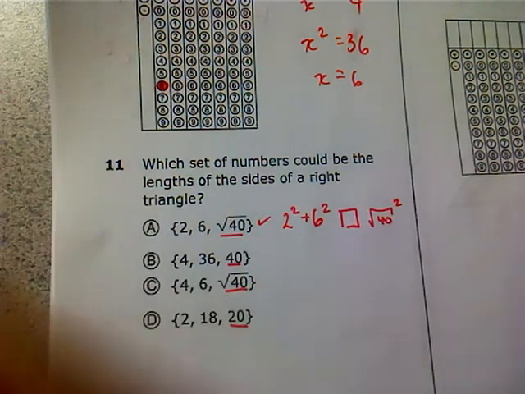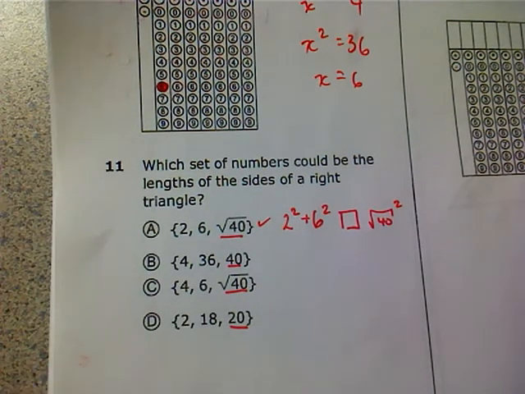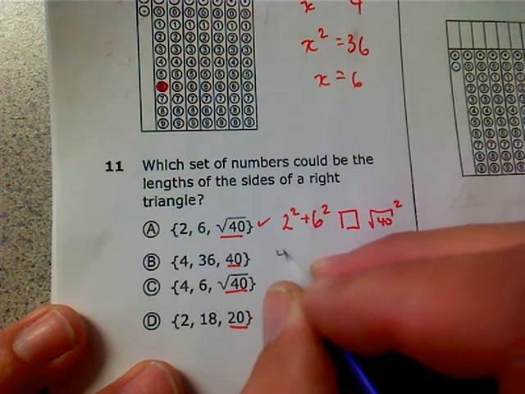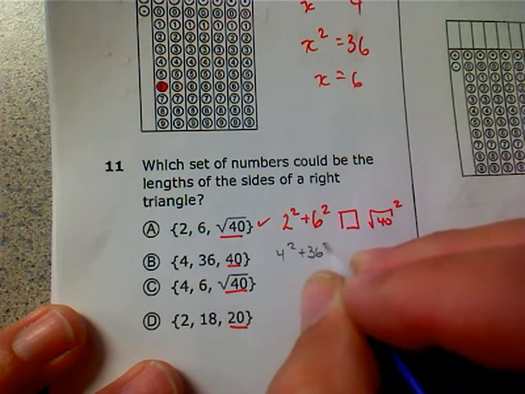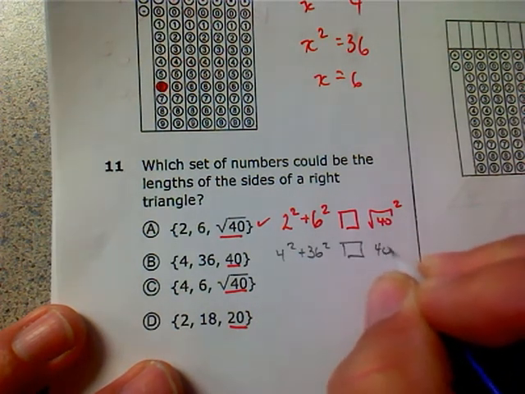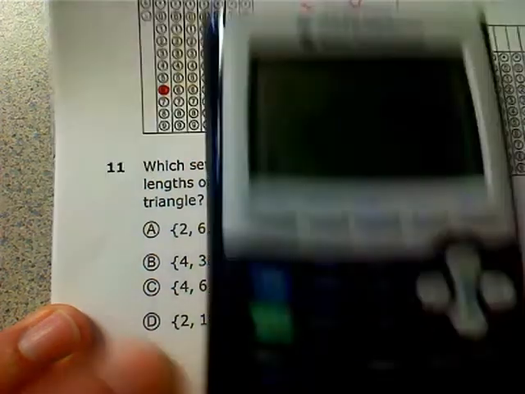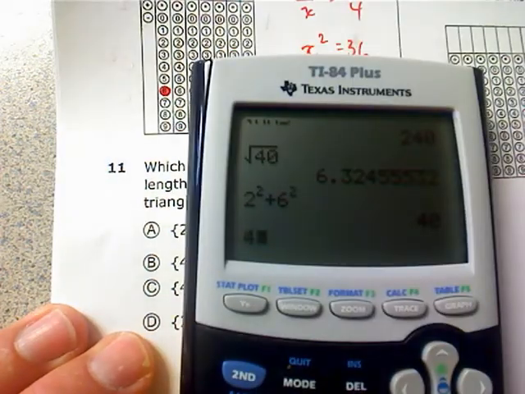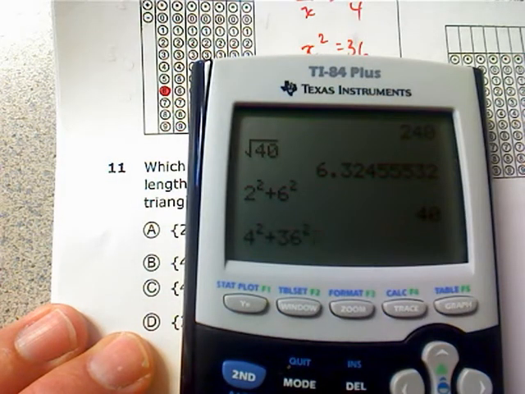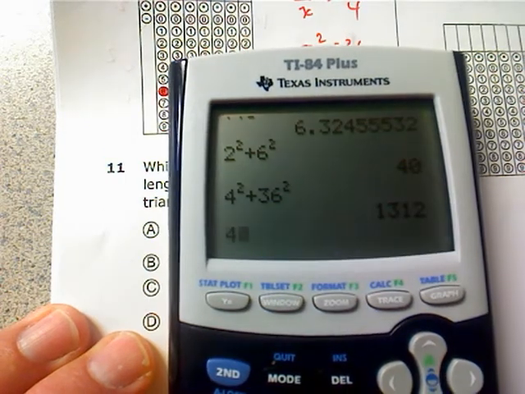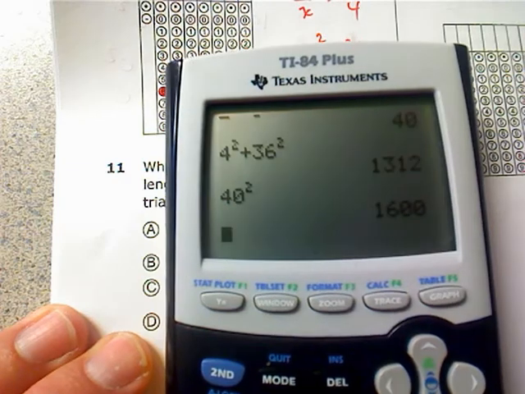But I never want to stop when I think the first answer is the right answer. So let's keep going. Is 4 squared plus 36 squared the same as 40 squared? All right. So 4 squared plus 36 squared. Is that the same as 40 squared? Nope, not the same.